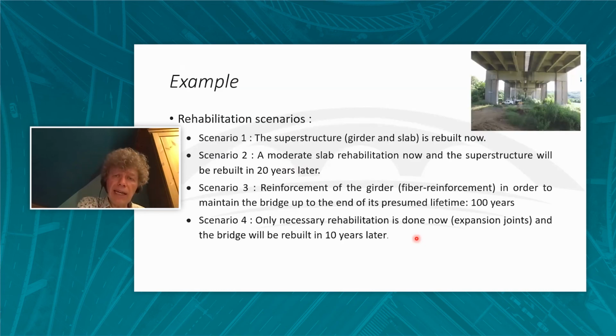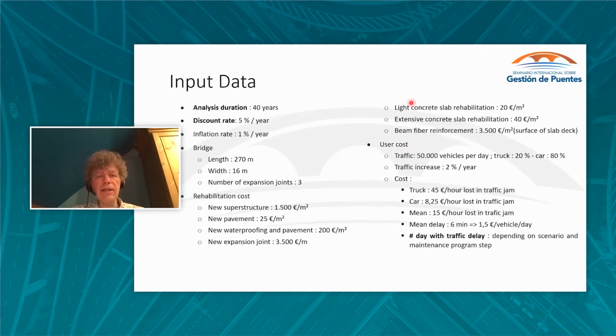So if I go back to my example from the beginning, you remember I have 4 scenarios. In the first scenario I rebuild now, and then different kinds of rehabilitation programs. This is the data set that I used to perform the calculation, and I decided to do a kind of parametric analysis on the analysis duration, on the discount rate, and on the number of days with traffic delay.